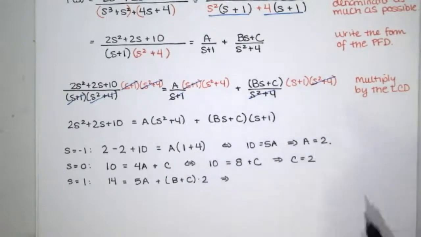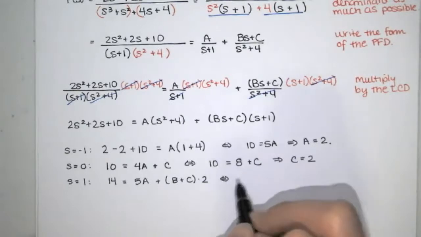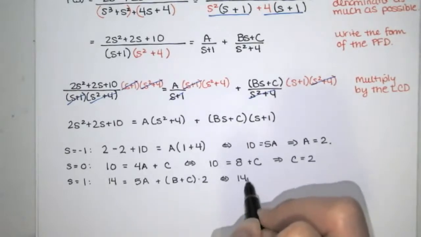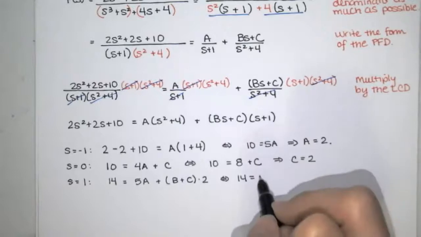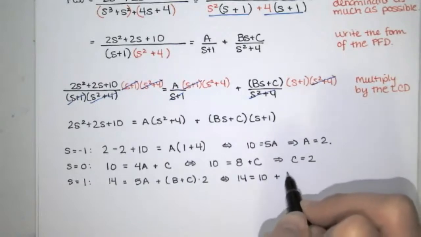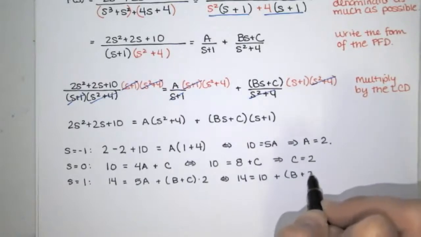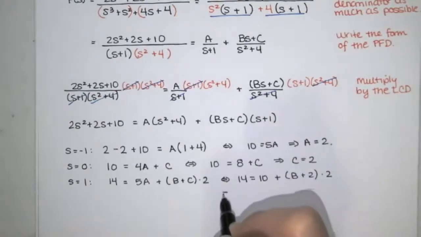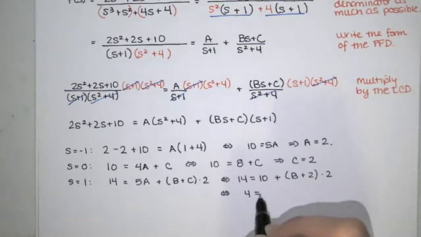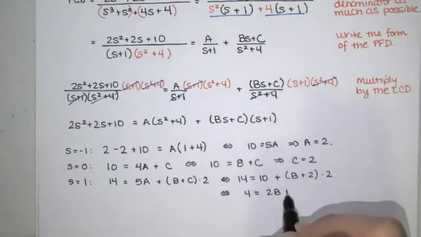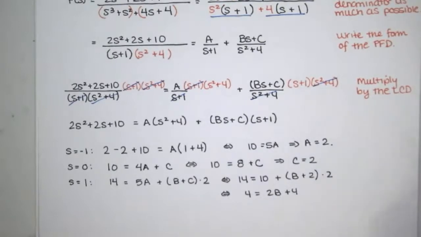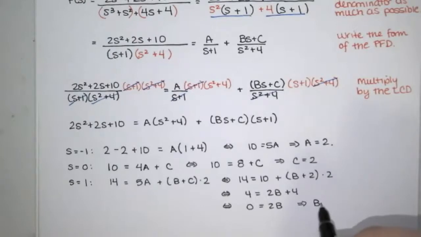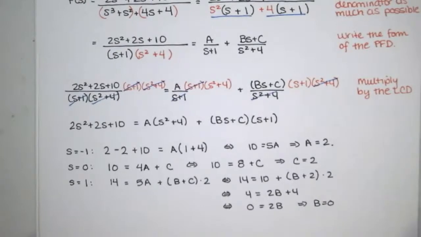Now we know that A is equal to 2. So we'll have 14 equals 5 times 2, which is 10, plus B plus C, so it's B plus 2, times 2. So if I subtract 10 from both sides, I have 4 over here equals 2B plus 4 if we distribute that 2. And if we subtract 4 from both sides, we see that 2B must be 0, so B must be 0. Okay, great.